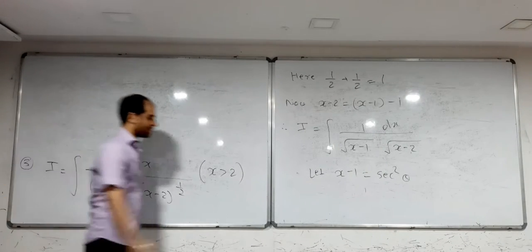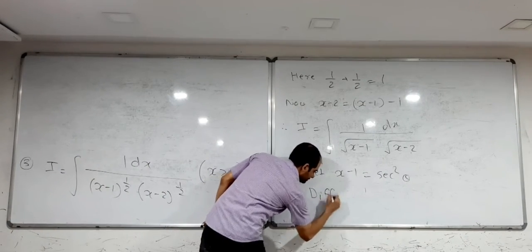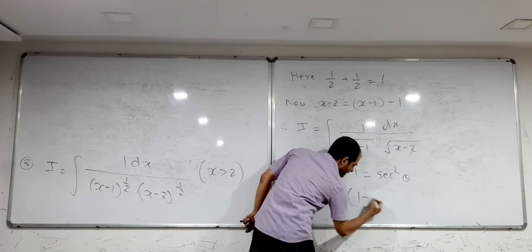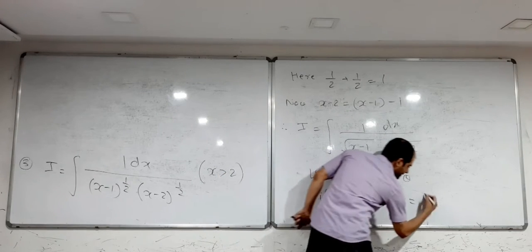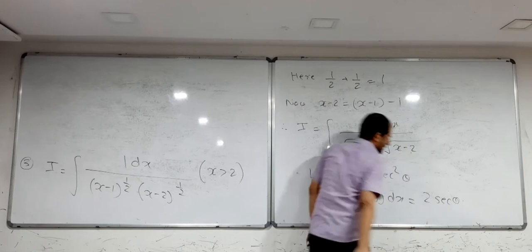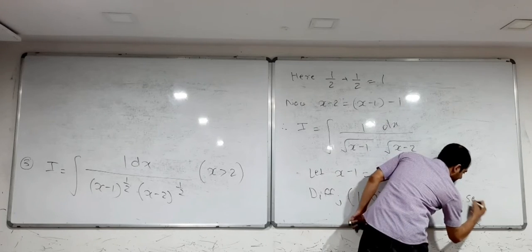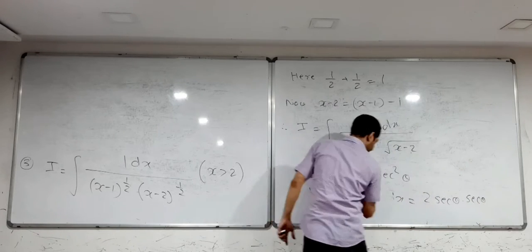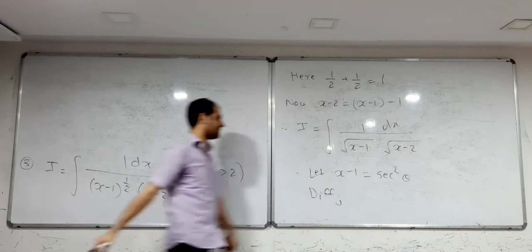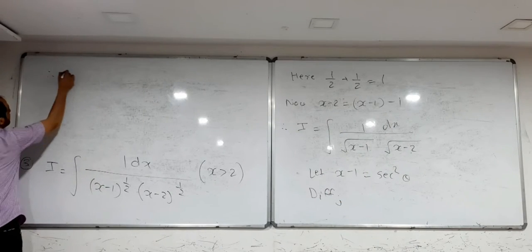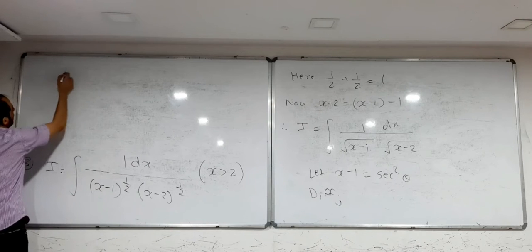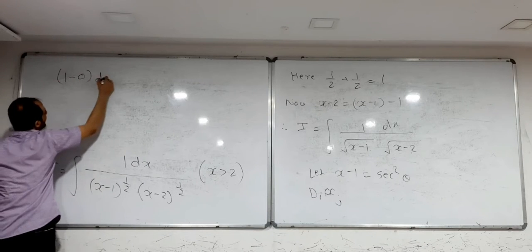So differentiating, x का डेरिवेटिव 1, कांस्टेंट 0, dx. sec square theta का 2 sec theta into डेरिवेटिव ऑफ sec theta क्या होता है? sec theta tan theta. ओके, differentiating, लेफ्ट में कितना है? x का डेरिवेटिव विद रिस्पेक्ट टू x is 1 minus 0 into dx.